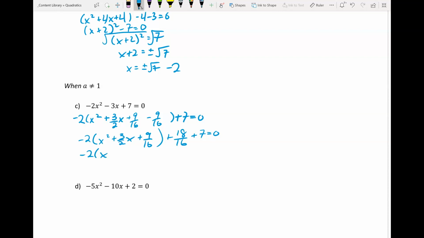I can factor what's inside the bracket, so it is only 1 factor here, and then have it squared, which is 3 over 4 squared. Then I want to simplify this.